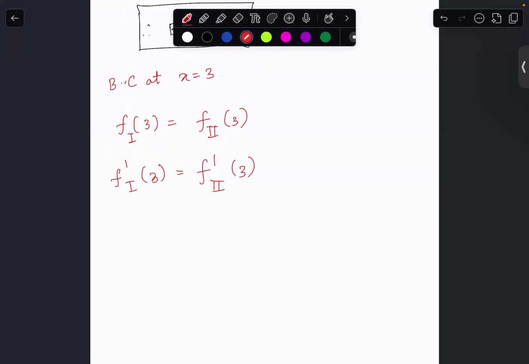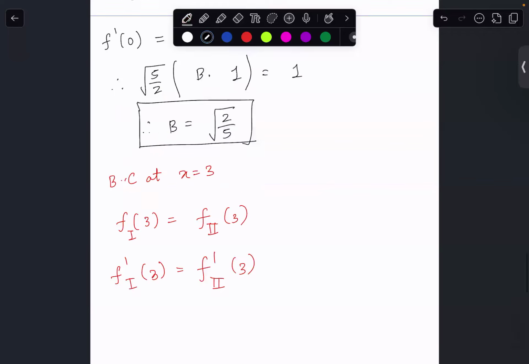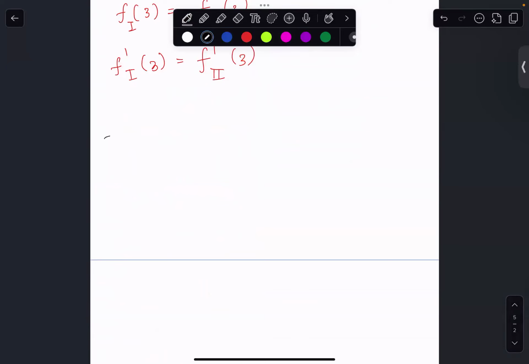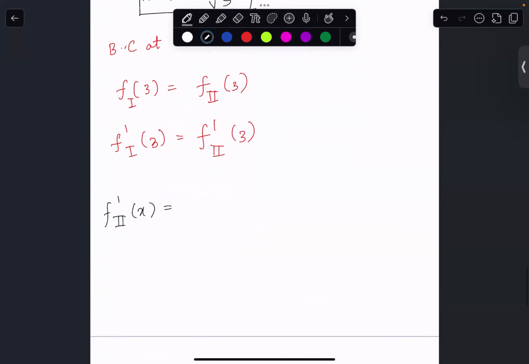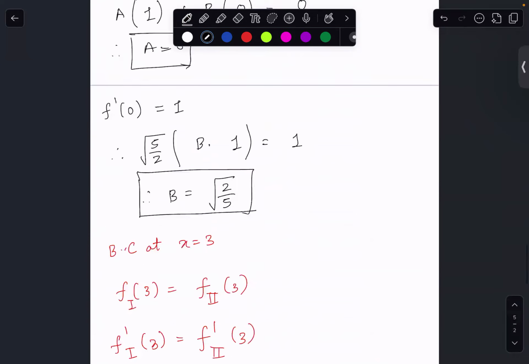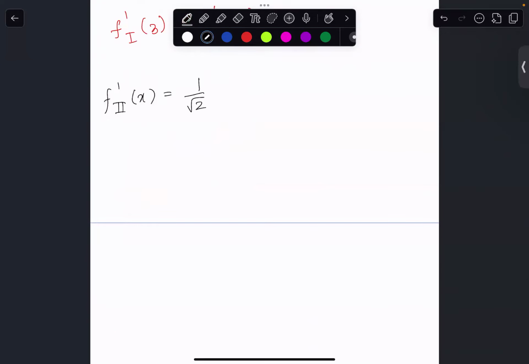So our f prime of x in region 1 is already written down here, but our f prime of x in region 2, since our f of x in region 2 looked like c e to the power x upon square root of 2 and d e to the power minus x upon root 2, we can write that as 1 upon square root of 2 c e to the power x upon square root of 2 minus d e to the power minus x upon square root of 2.